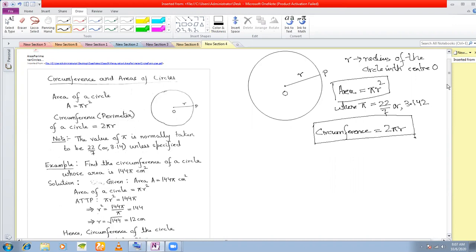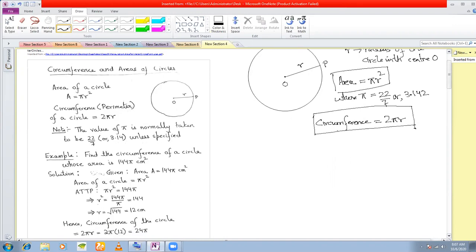Now the question is, what if the area of a circle is given and you have to find out the circumference? Or if I give you the circumference of a circle and you have to find out the area. In either case, you will first have to find out the radius. Once you get the radius, then you can find out the other unknown quantity.